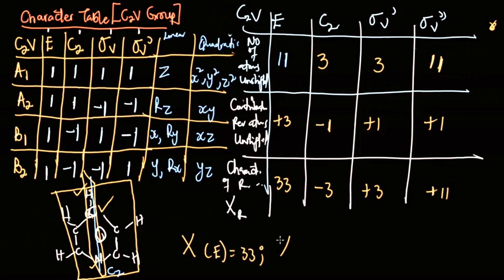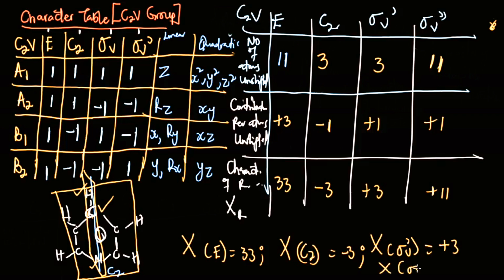The character of C2 is minus 3. The character of sigma V is plus 3, and the character of sigma V prime is positive 11. So the next thing we need to do is this.